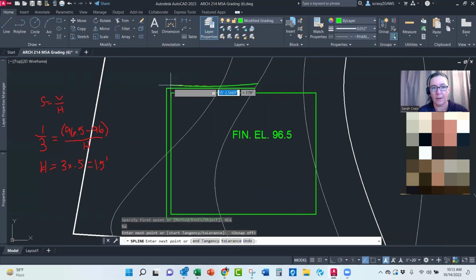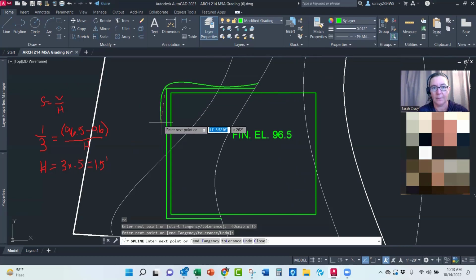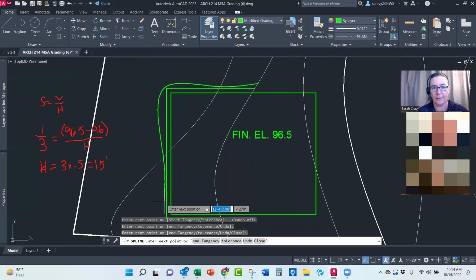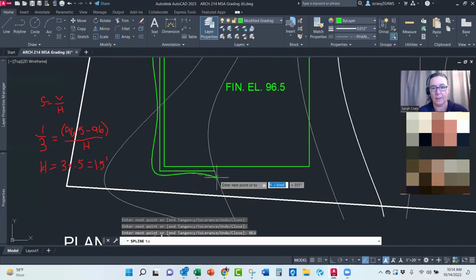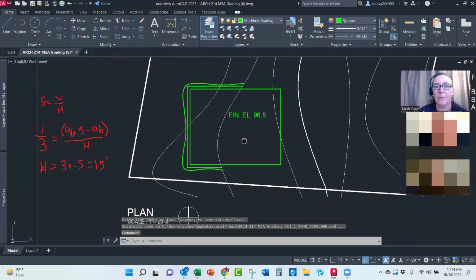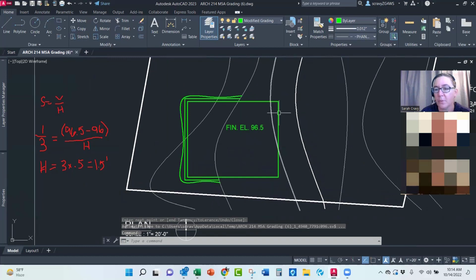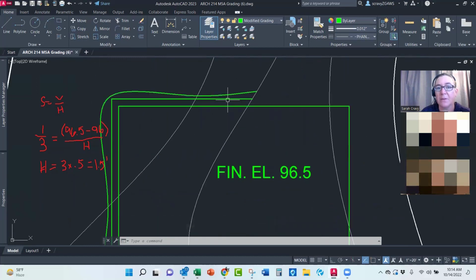Maybe to here, to here, something like this. If we wanted to make it a little more organic, a little more curvy, you can do that, but you never get closer than 1.5 feet.